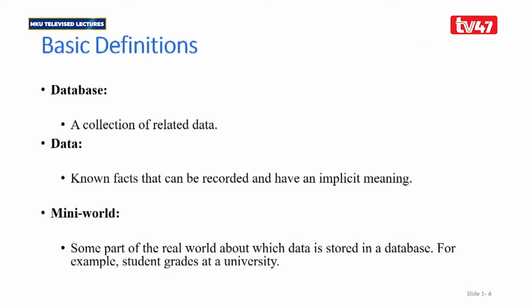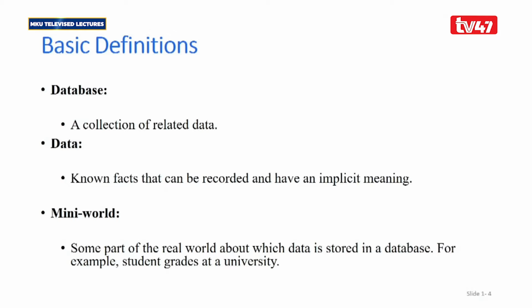Now, a database must exist somewhere. It must exist somewhere within a particular domain in this world, for example, in a university, in a school, in a hospital, in a government institution, and so on. We must look at a particular mini world or a small world within the world itself.